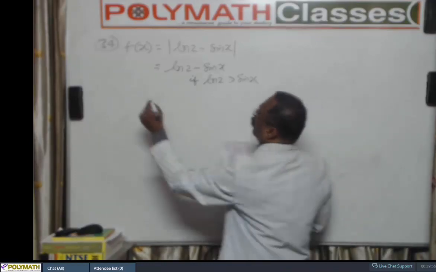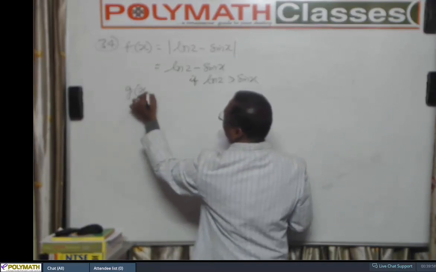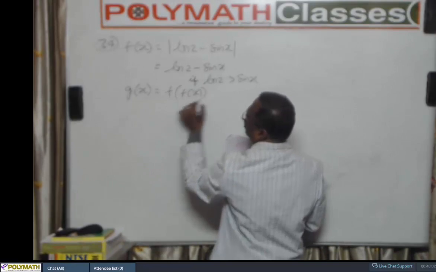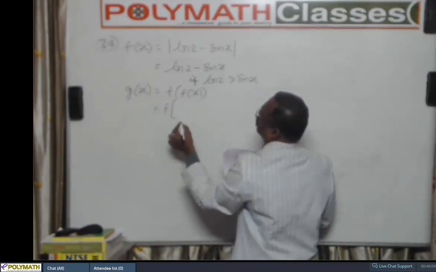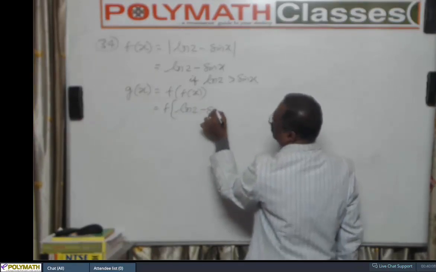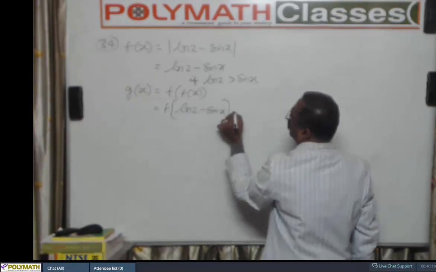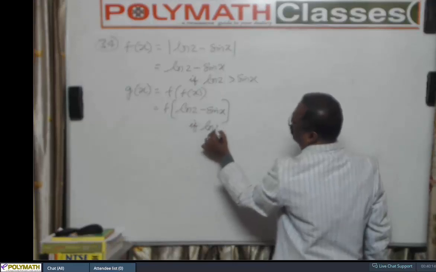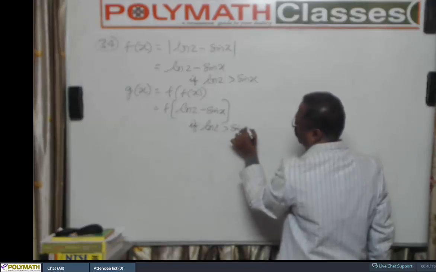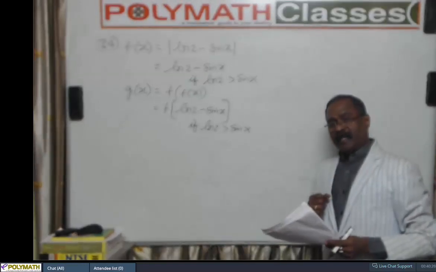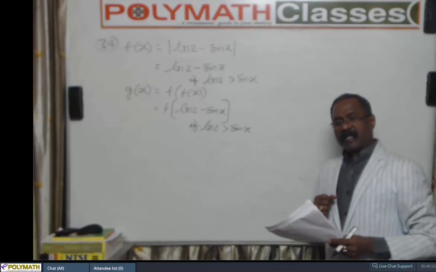Now, what is g of x in this case? It's nothing but f of ln2 minus sin x, where ln2 is greater than sin x. You may be thinking whether ln2 is greater than sin x or not.